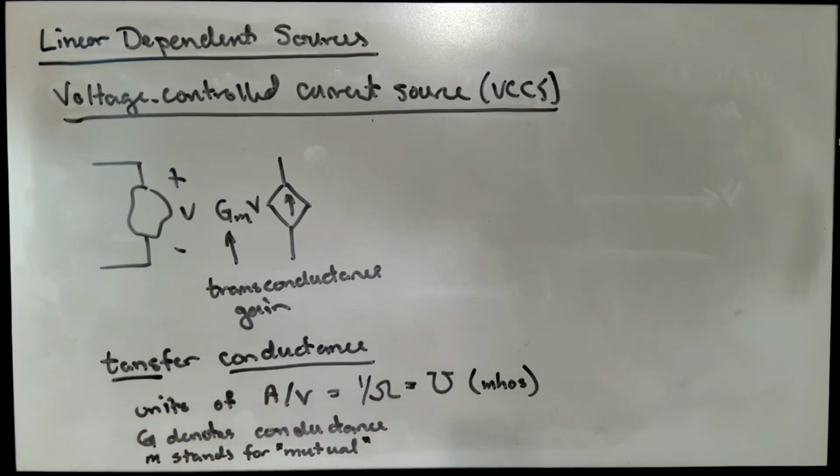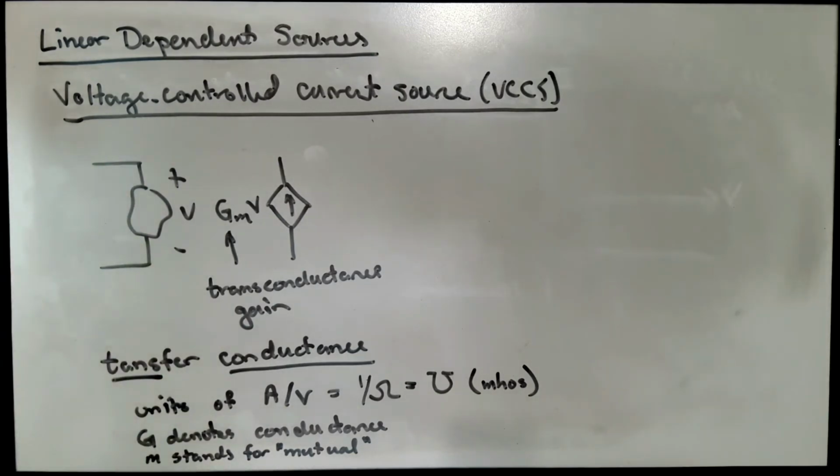It used to be that this was also called mutual conductance, and sometimes it still is called mutual conductance, but it's much more common in today's parlance to call it transconductance, and so that's the way we'll be calling it. But it also is sometimes called mutual conductance, and the symbol is still G_m. So it's a little bit of terminology to get used to. So that's the first of our strange ones.